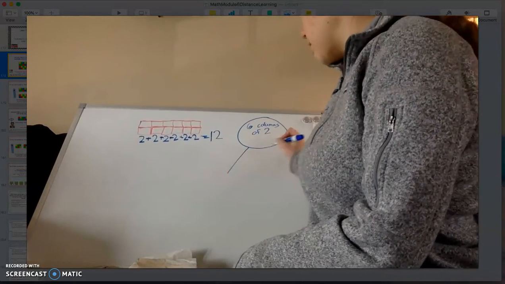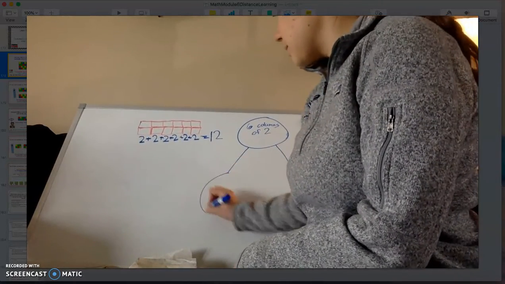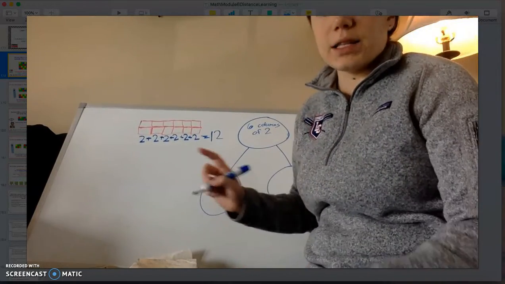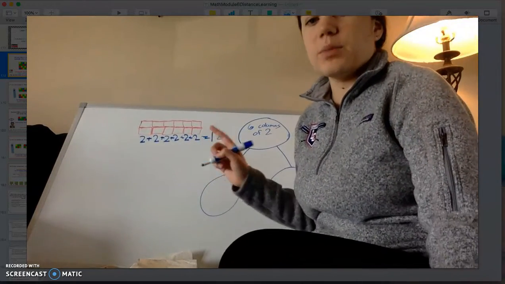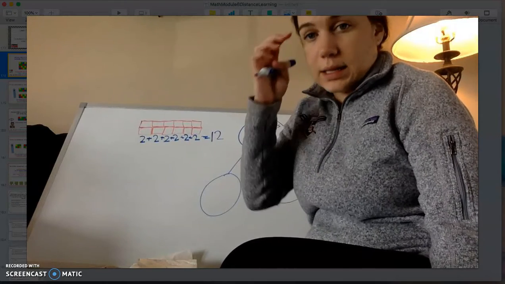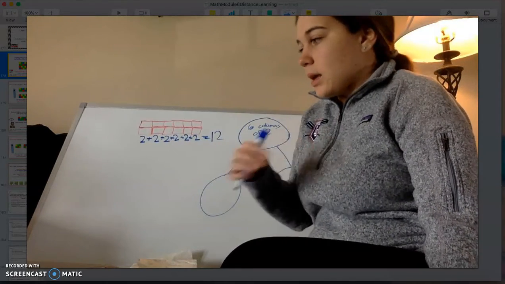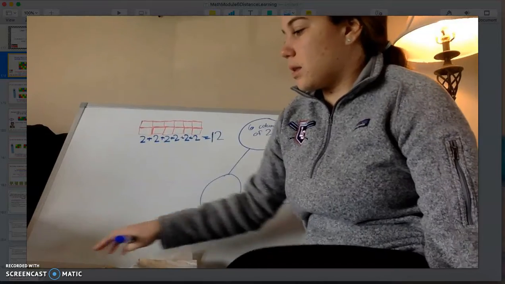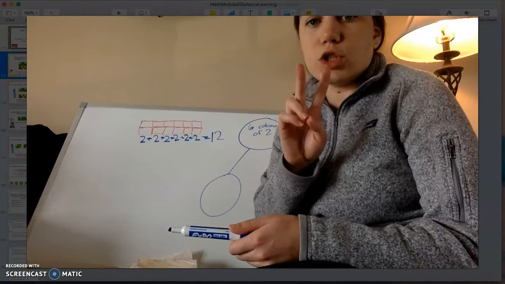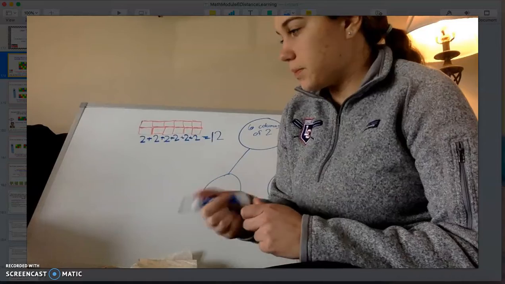Now remember, we need to have 2 parts of our number bond. So I'm going to guess our next question is, they want us to break this up so that we have 2 equal rectangles. So remember, when we decompose it, we're breaking it up into 2 equal parts.